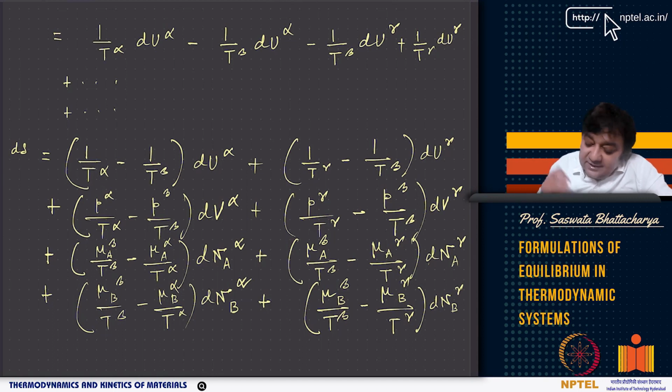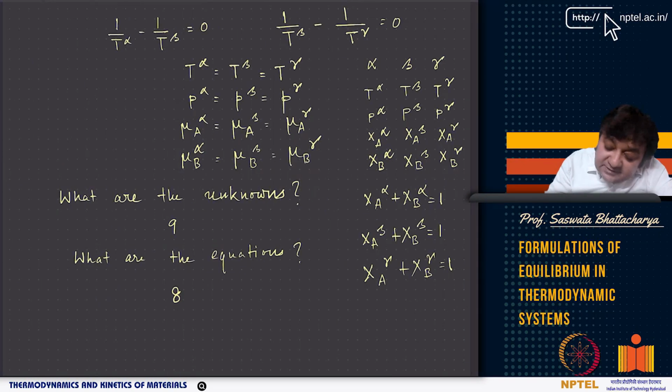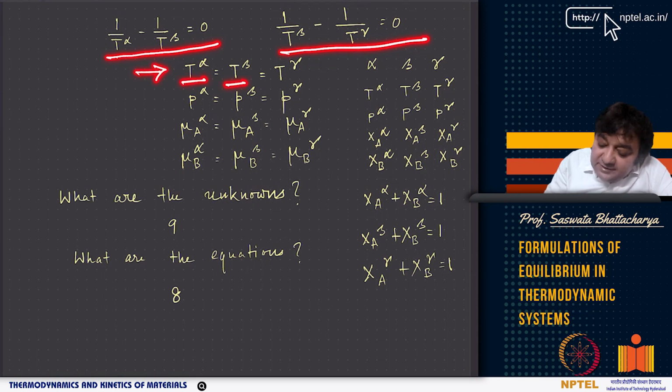So as a result, for dS to be 0, each of these coefficients has to be 0. That implies 1 by T alpha minus 1 by T beta equals 0. Similarly, 1 by T beta minus 1 by T gamma equals 0. As a consequence of these relations, one can write T alpha equals T beta equals T gamma.